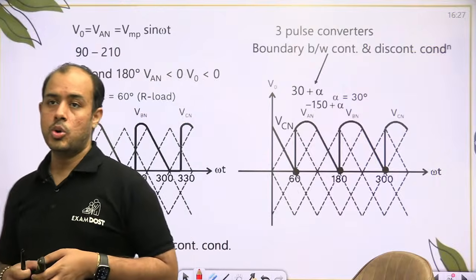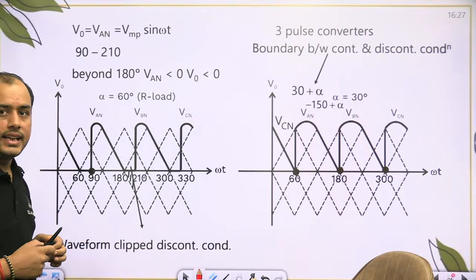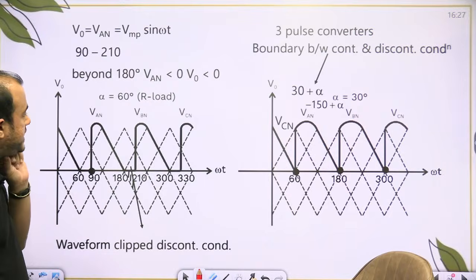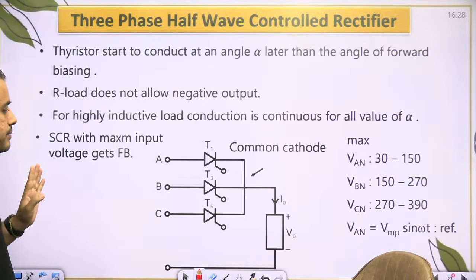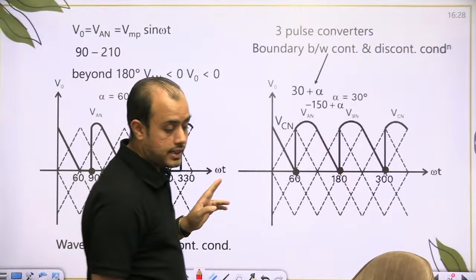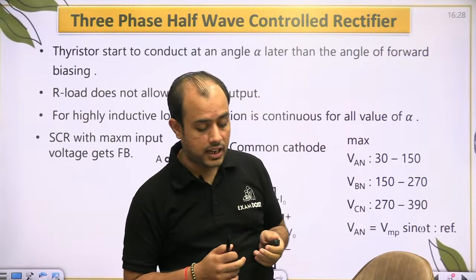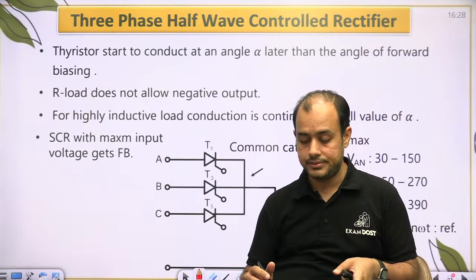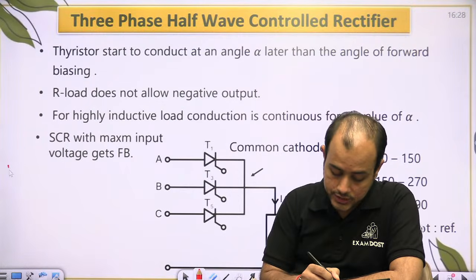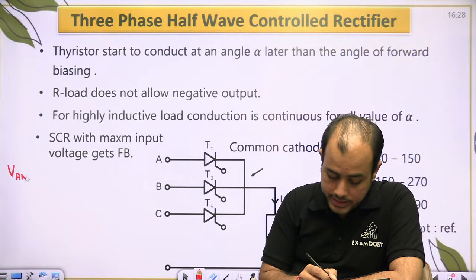Now suppose, beta, I take alpha equal to 60 degree. So now the conduction of thyristor will start alpha angle after the forward biasing.